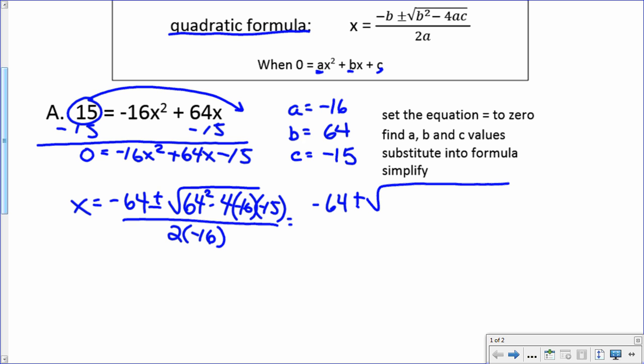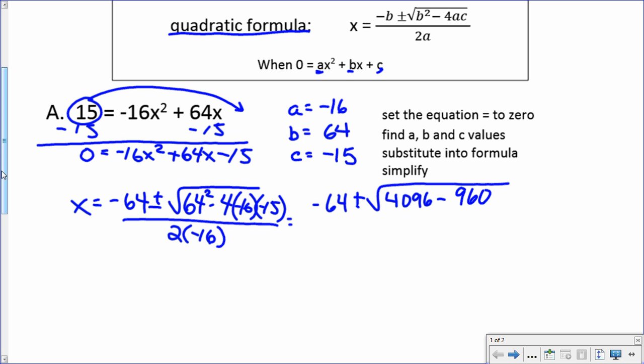So 64 squared is 4,096. And it's going to be minus, and this is going to be a positive number because I have 2 negative numbers here. So 4 times negative 16 times negative 15 gives us 960.